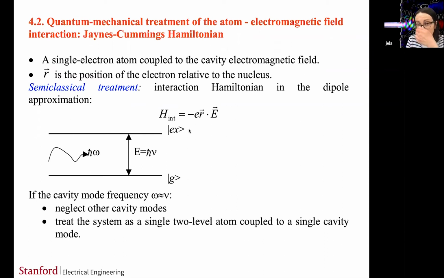And you have to also keep in mind that this is much smaller than the electric field amplitude. So the scale of the atom is much smaller than the variation in the electromagnetic field. So from the perspective of the field, this is very small, right? And this operator R is not really acting on the field, but the alignment between this dipole moment and the field will matter. Okay? You will see in a moment when we're transforming it.